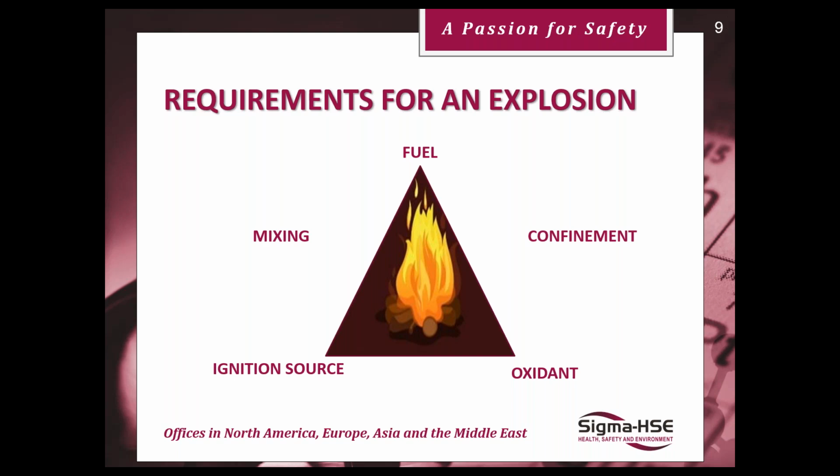So if you had a fire explosion starting off in your processing plant, it will come across vessels, tanks, pipes, building stanchions and so on, all of which will accelerate the flame as it moves around those obstacles, and that will result in explosion overpressure. So we generate that explosion pressure and we can start blowing things apart, blowing the walls out of our buildings and so on and so forth.